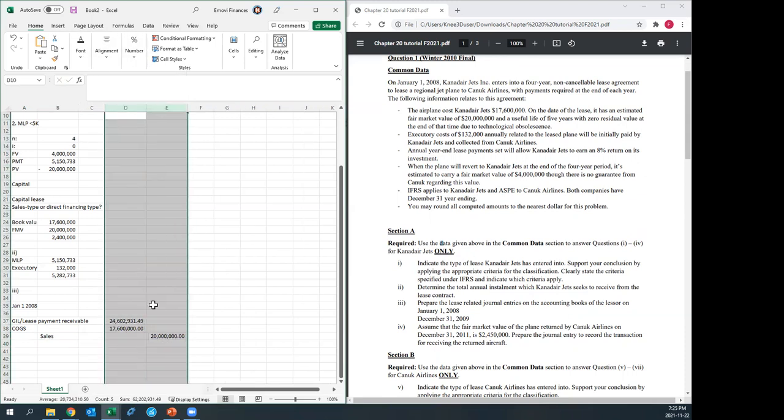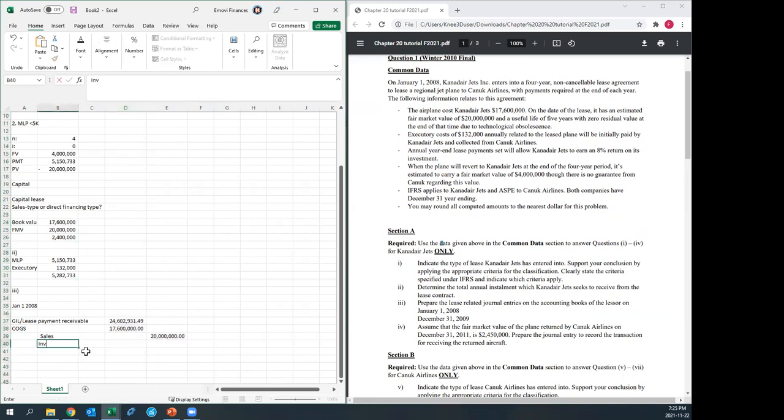All right, your inventory is the same as your COGS. And then you're going to have your unearned interest income, which is basically the difference between the two, or you can use your lease payment receivable minus the fair market value of your assets. So it's $4.6 million.